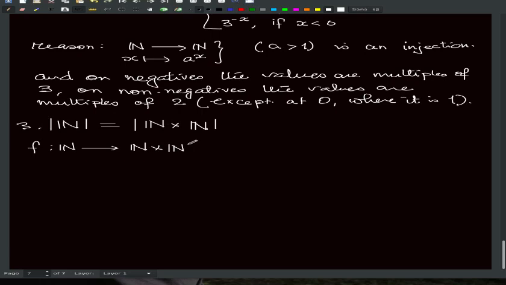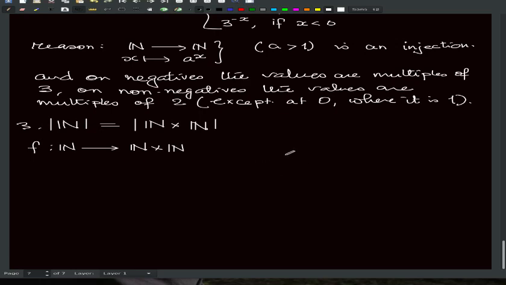Right. Okay, we start with 1. Since we are talking of natural numbers now, 2, 3, 4, going on. And then on the second row, it's a square of 1, a square of 2, which is 4, a square of 3, which is 9, and so on.